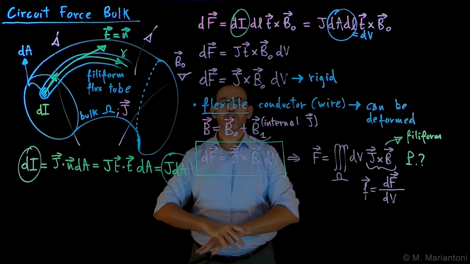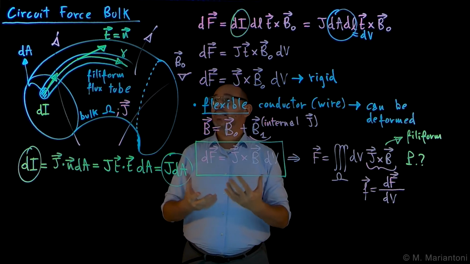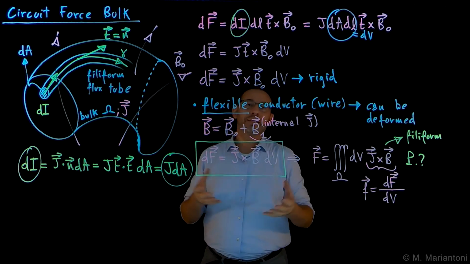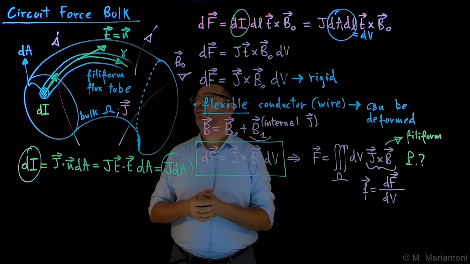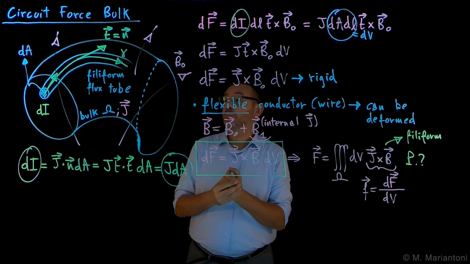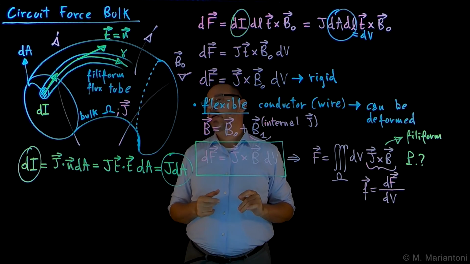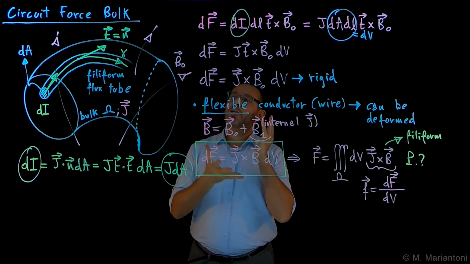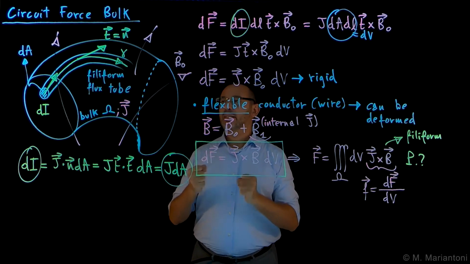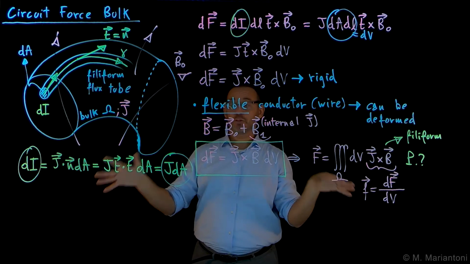So to summarize, we generalized as much as possible the concept of force on a circuit to make it bulk. You can still call it a circuit, but you need to specify that it's bulk, because it has finite dimensions in all possible directions. The trick, as always, is to split this conductor into an infinite set of spaghetti, which are my filiform flux tubes.